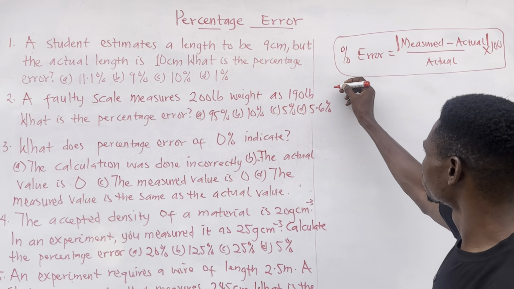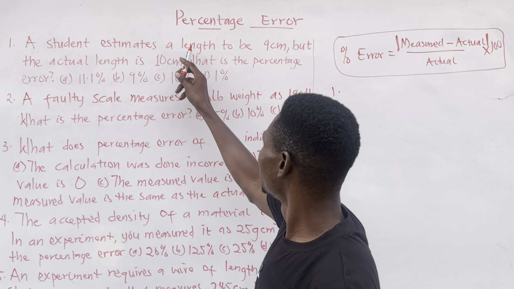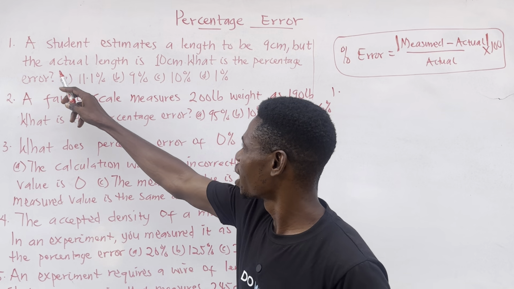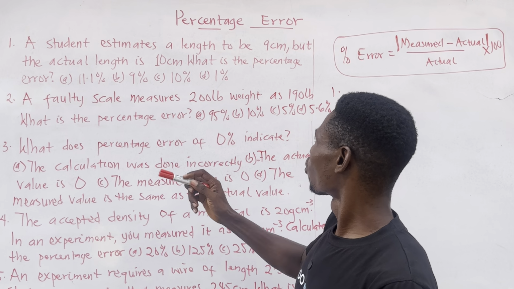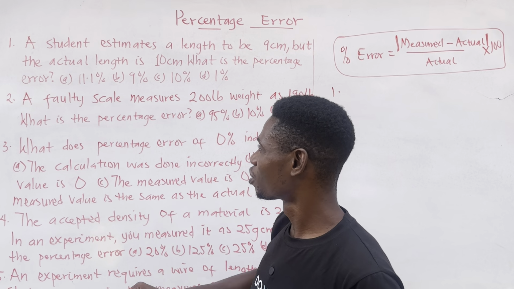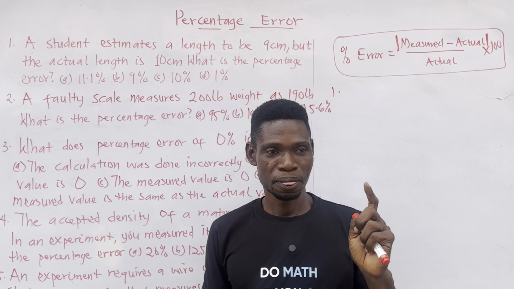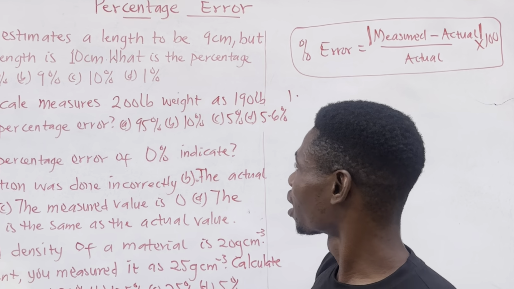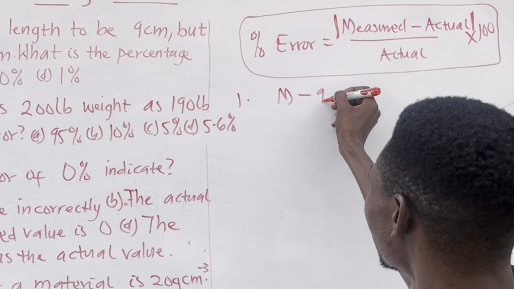Number one says, a student estimates a length to be 9 centimeter, but the actual length is 10 centimeter. What is the percentage error? So this is straightforward based on what we have. The student estimates the length to be 9 centimeter, so measured is 9 centimeter.